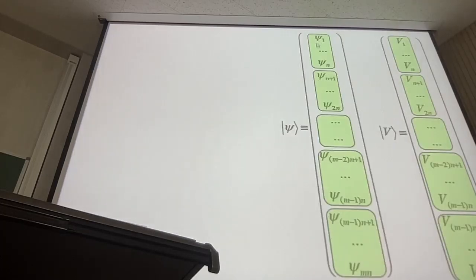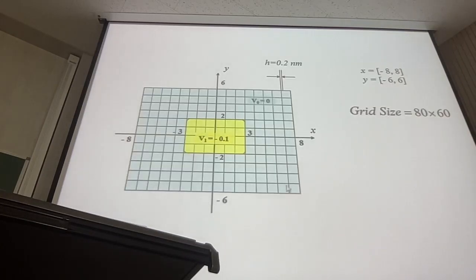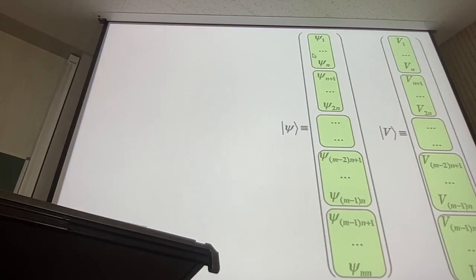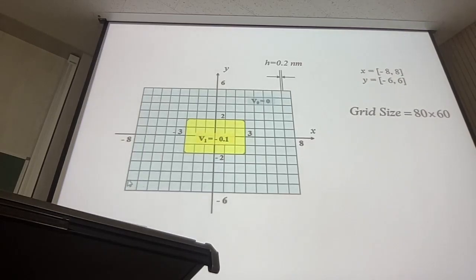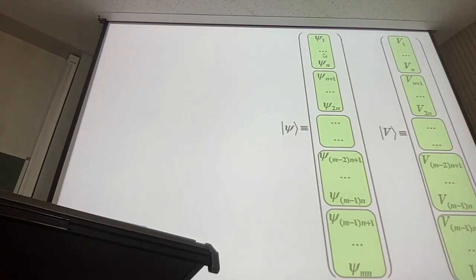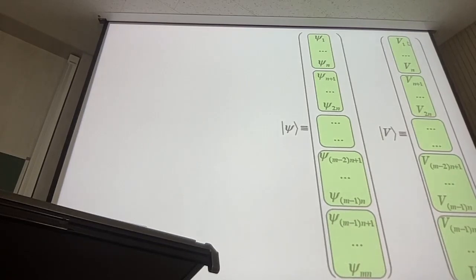We have 80 data points in the first row from the bottom, and we combine them. And these are the second row, from left to right. So this is the second data point, and so on. So we have combined all of these data points, and the potential is also sorted like this.